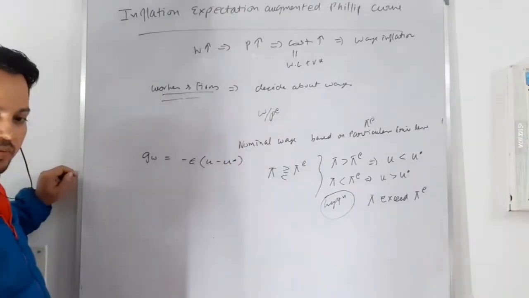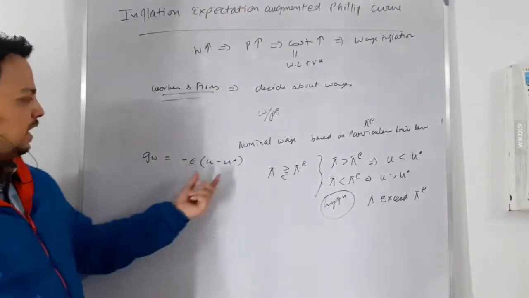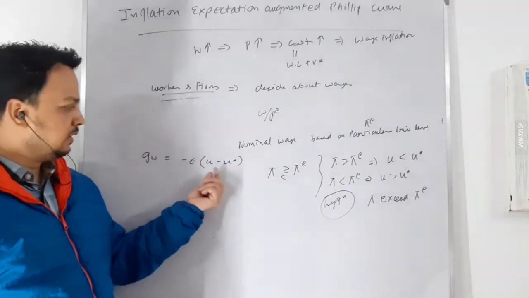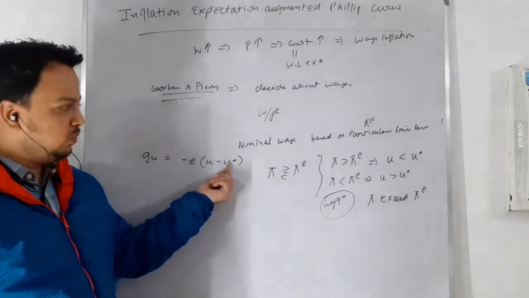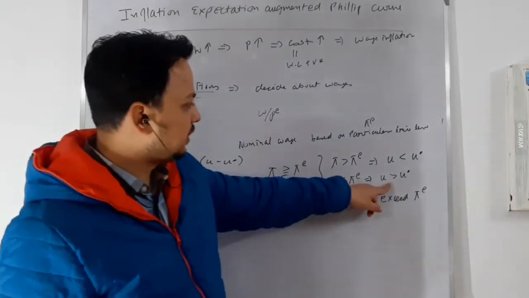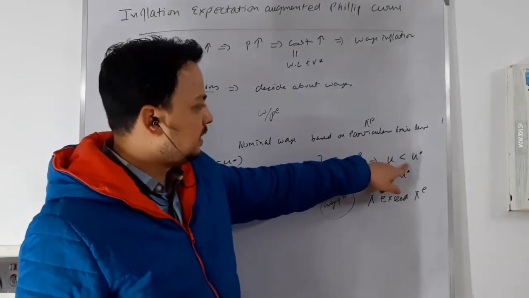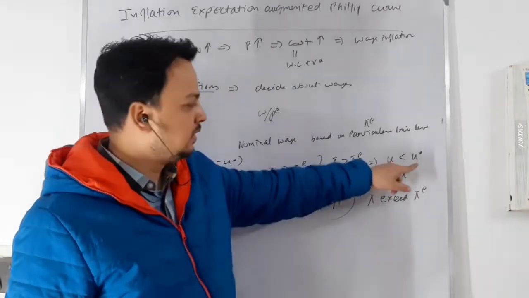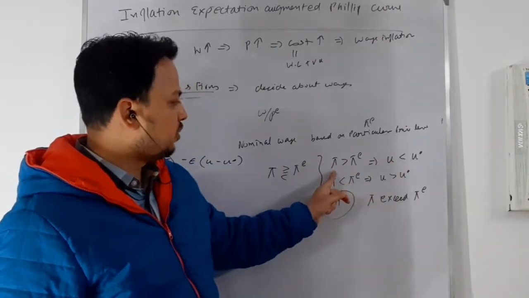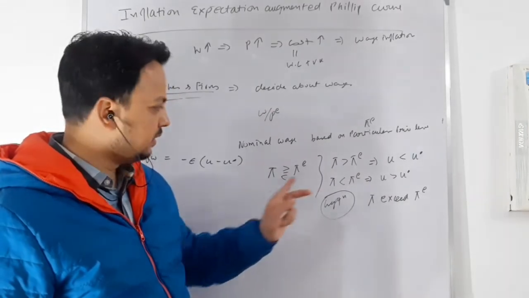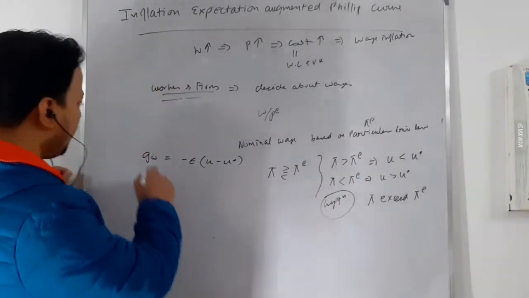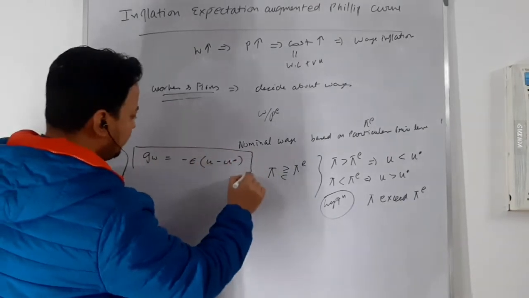What I am saying is that actual unemployment is less than your natural rate of unemployment depending on your actual and expected inflation, these two factors. So the original Phillips curve equation is given by this one.